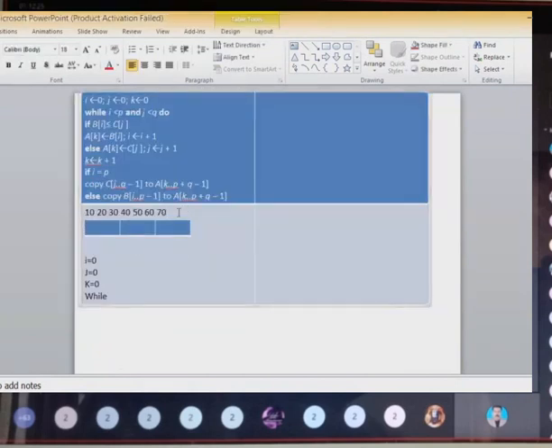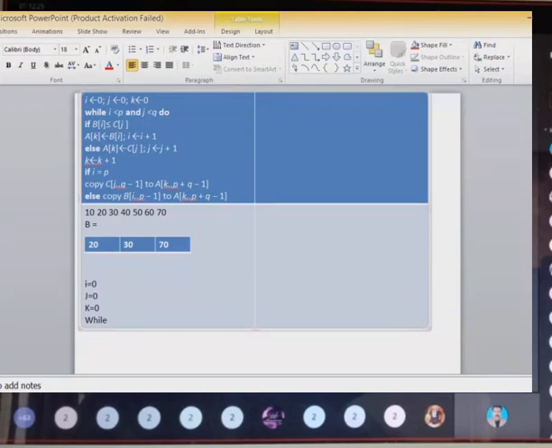Okay. This is the B array. Next, the sorted C array.